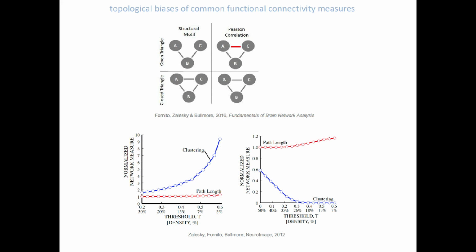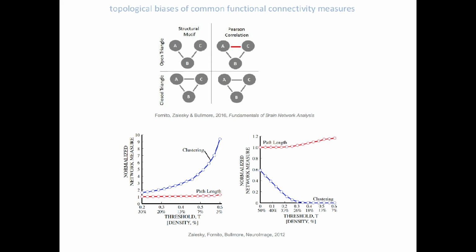And so values greater than 1 mean that our random correlation network actually has greater clustering than it should have. And so you can see, as a function of threshold, we get higher clustering. So these correlation networks are more clustered than they should be. That's simply a bias introduced by the fact that we've used the correlation and it's got this triangle closure effect.